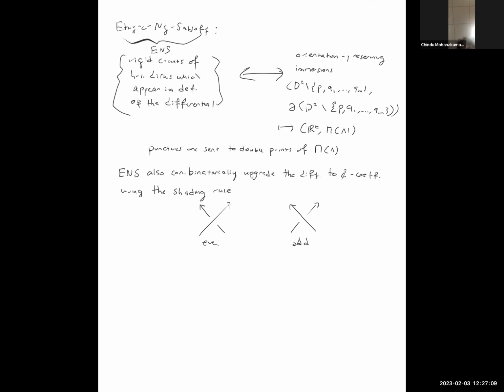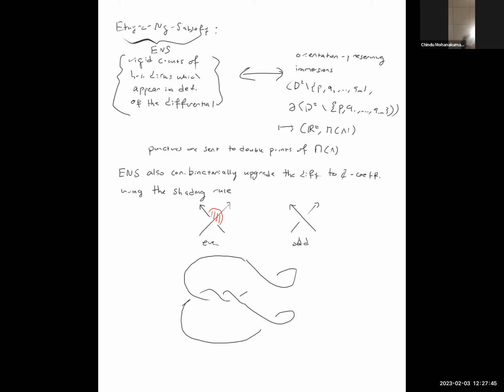But yeah, I have this shading that I then put on the even chords. And basically, the idea is that anything that has a shaded quadrant is hit with a negative sign.